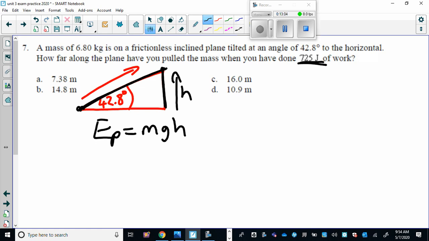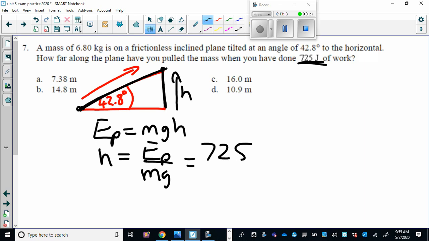So all I need to do is find out how much height it gained, and they give me the gravitational potential energy, because that's the work. I'm moving it from the ground to a specific height, so it gained gravitational potential energy, divided by the mass.